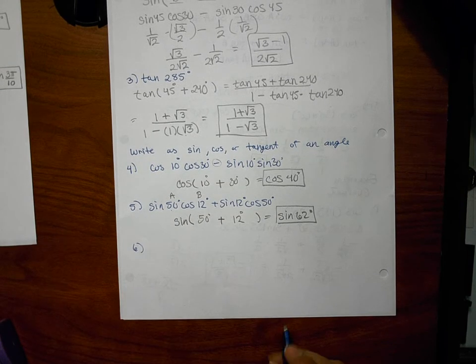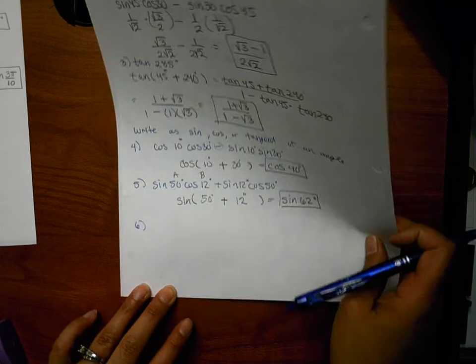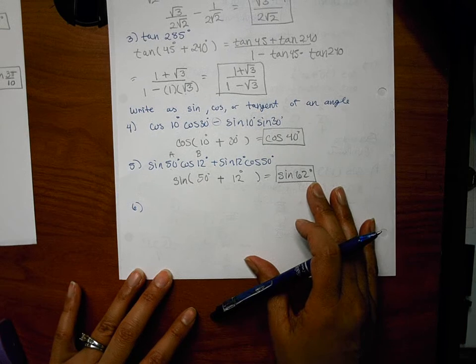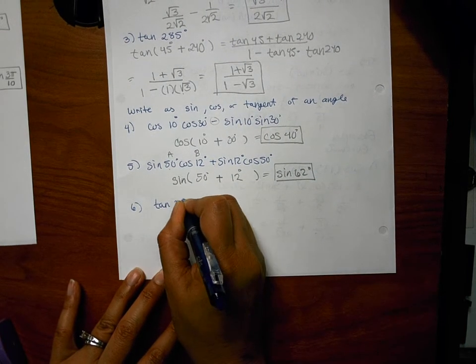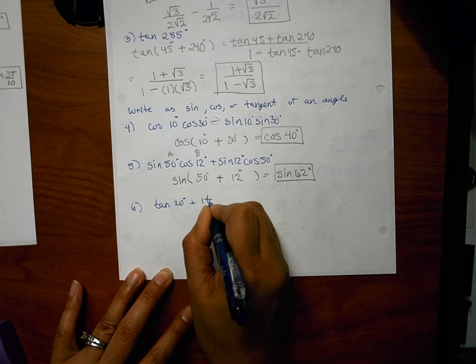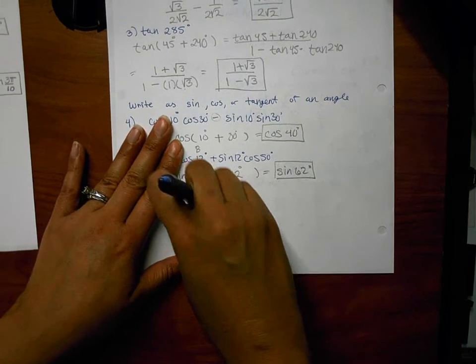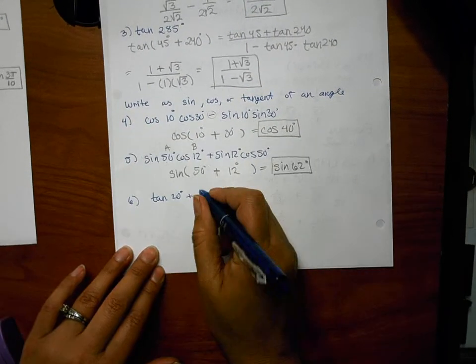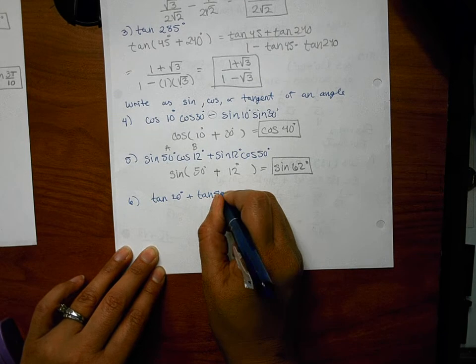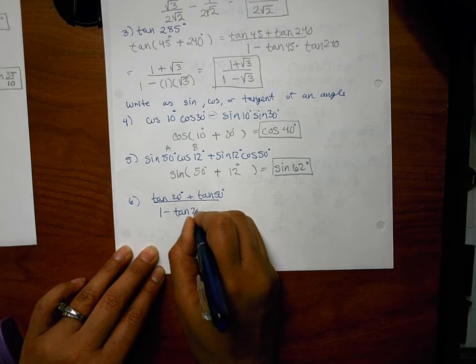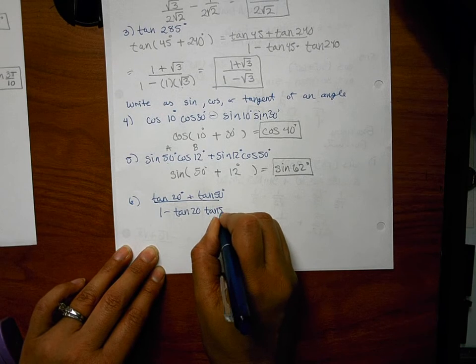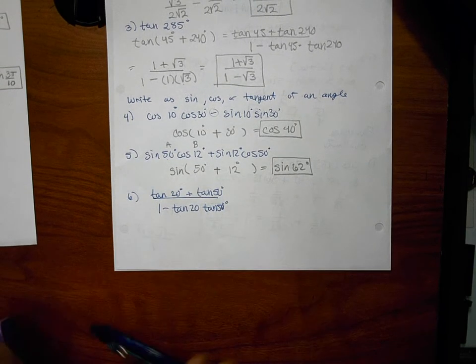Okay, let's try another one. Number 6. Tan of 20 degrees plus tan of 50 degrees over 1 minus the product, tan of 20 and tan of 50.